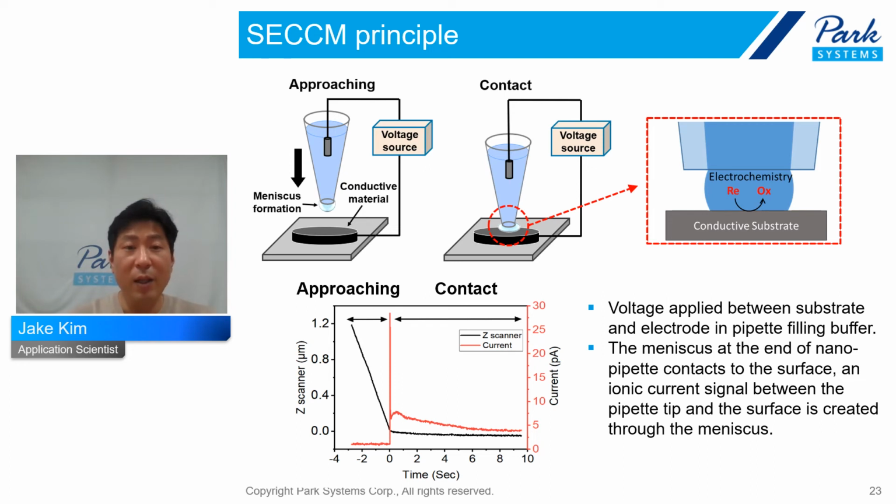The system detects the signal and immediately stops the z-scanner movement. The EC species in the confined meniscus undergo an EC reaction when a bias is applied between the pipette electrode and the working electrode.